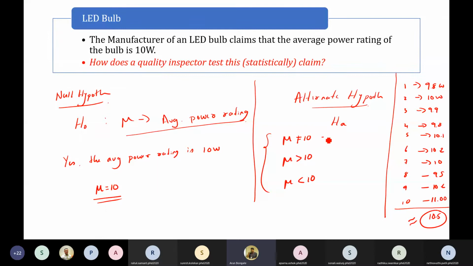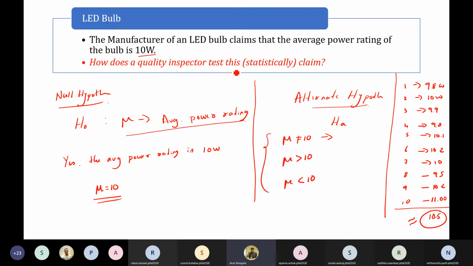Now assume that I state the alternate hypothesis HA as mu is not equal to 10. Then what is the conclusion that you are going to draw? Whether it is acceptable or rejectable? It is not accepted.